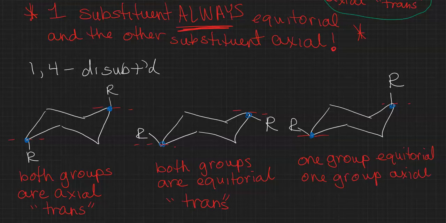And this molecule would be considered cis. And remember, we're looking at our limits. And remember, we said the more equatorial groups you have, the more stable.